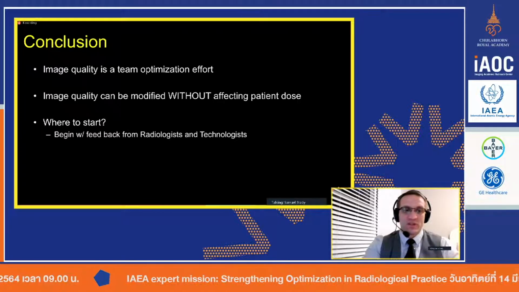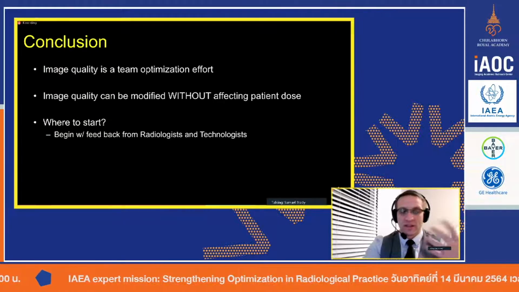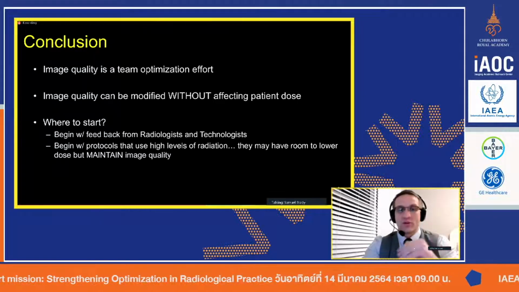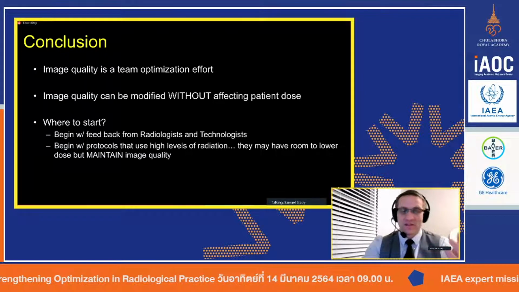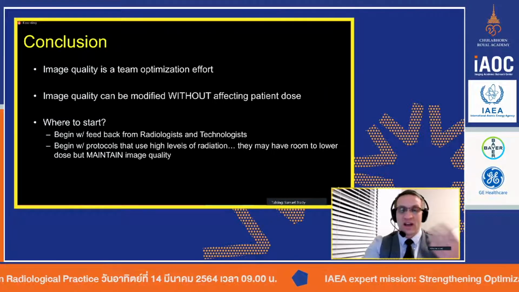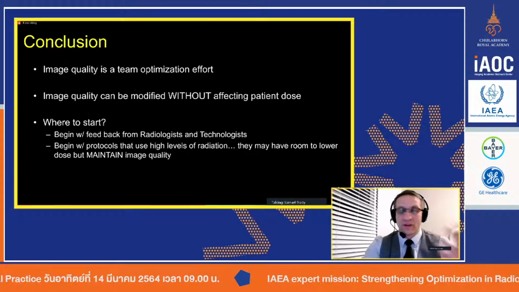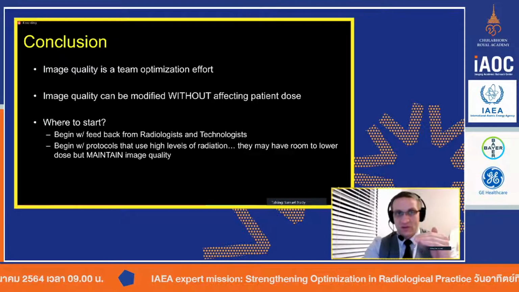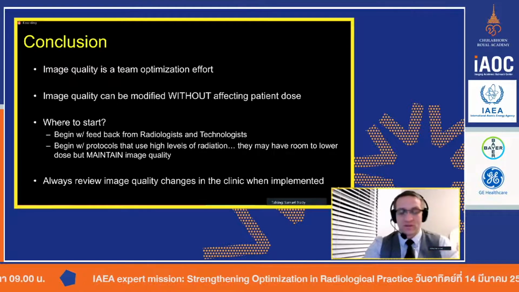So where did we start? We can begin with getting feedback from radiologists and technologists to identify which protocols need to be looked at. Obviously, we can look at protocols that use the highest levels of radiation, because they're the ones where we can lower the radiation dose most easily and still not affect image quality.